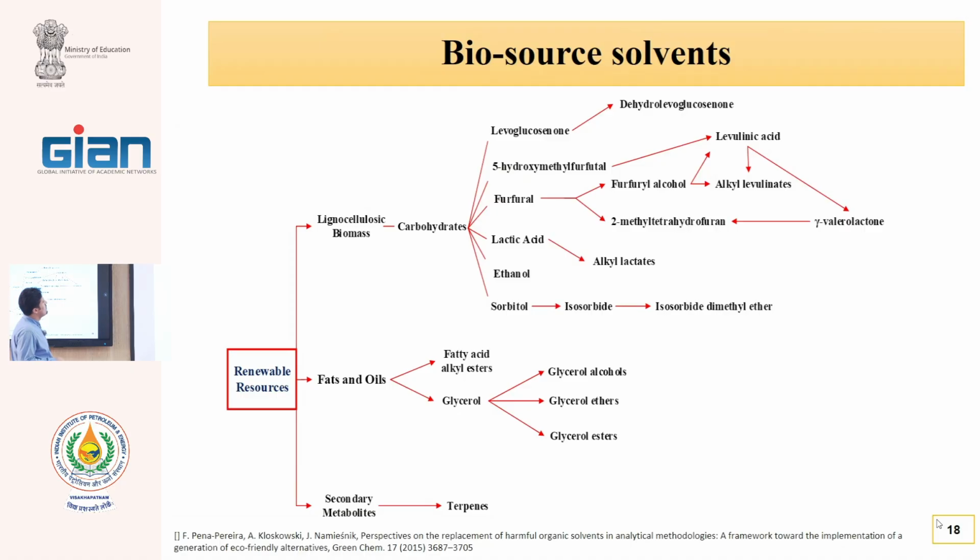Therefore, if we can produce these solvents from biomass or from fats and oils, the toxicity of these solvents is very low and they are biodegradable, and after use, the release to the environment is not a problem. There are different categories. This is the famous one in membrane fabrication.